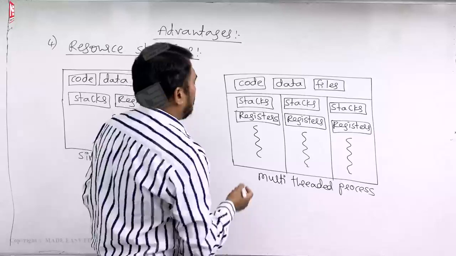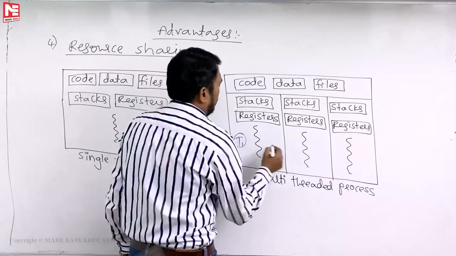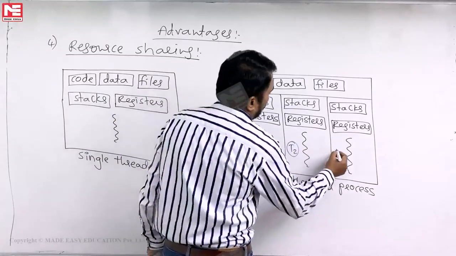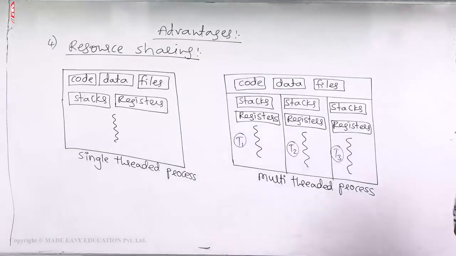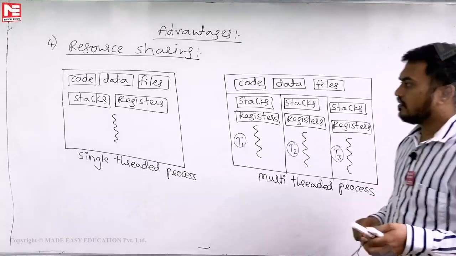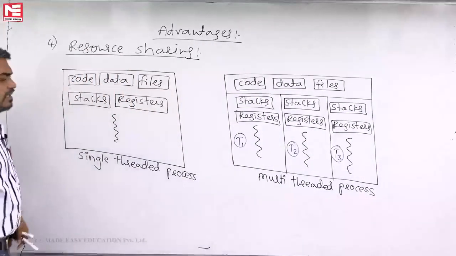And this is the multi-threaded process. Let's say you have thread 1, thread 2, thread 3. I'll explain all that. Copy it well, pause the video and copy everything. I am moving aside.